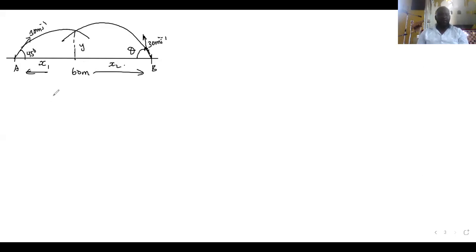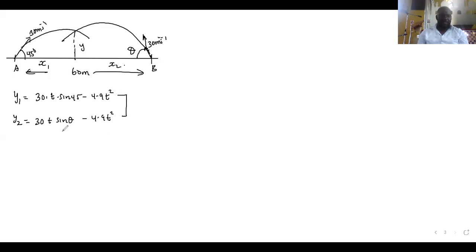To start with, like we said, what we have seen earlier, the heights are the same. So y1 is equal to 30 times the time times sine of 45 minus 4.9 t squared. Then the second one is 30 times the same time times sine of theta minus 4.9 t squared.